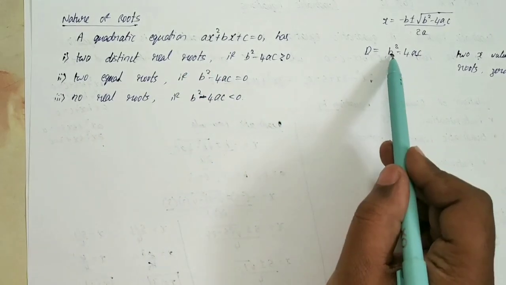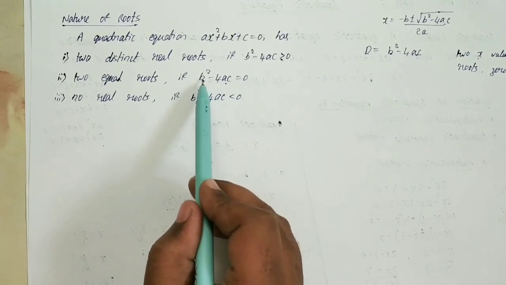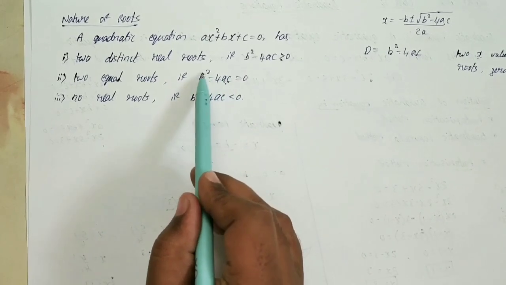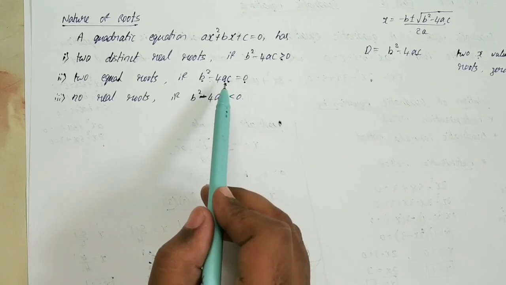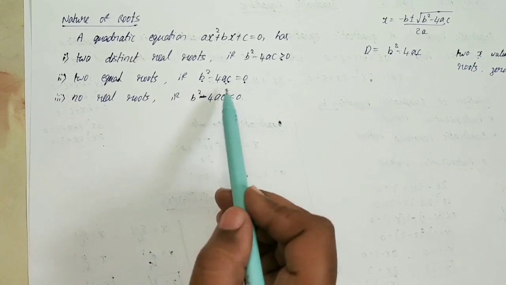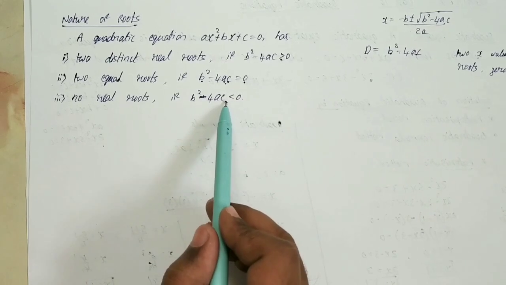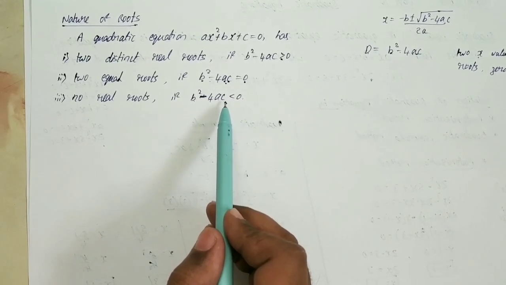If we substitute the b, a and c values into the discriminant and we get 0, then the x values will be the same. Both the x values will be the same. If b square minus 4ac is less than 0, then we don't get any real roots. That means we don't get any x values. Getting?